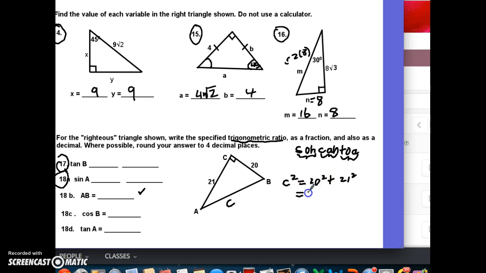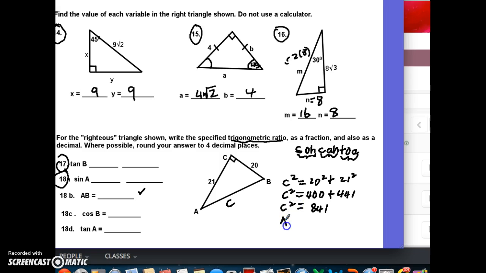20 squared, and use your calculator here, it's going to be 400. And 21 squared, if I remember right, that would be 441. So that's going to be C squared, or AB squared. Looking for AB. When we add it, we get 841. That's C squared.